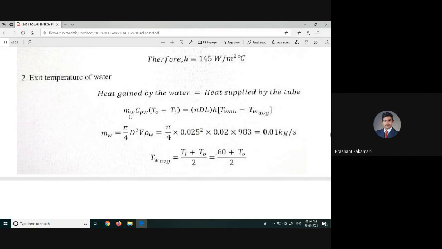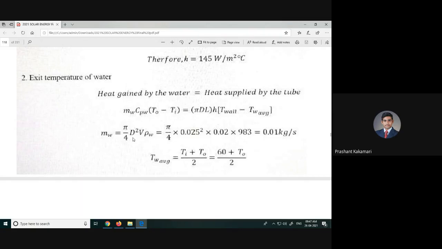Now we'll find some of the parameters which are unknown here, like the mass flow of water as well as the average temperature of the water. The average temperature of the water, as I told you, is inlet plus outlet temperature divided by 2. Mass flow rate of water: all of you can recall the continuity equation, or the equation for real flows.